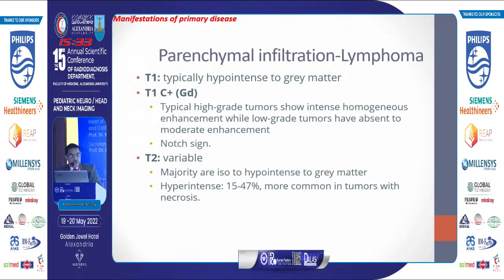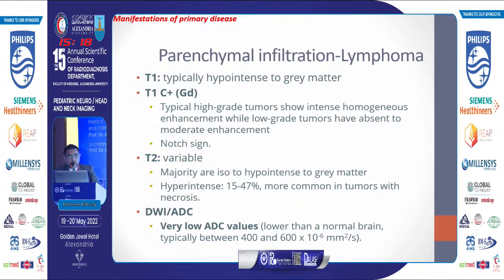Usually on T2 weighted image, the lymphomatous infiltration appears iso to hypointense, although some lesions showed hyperintensity, especially in necrosis or immunocompromised patient. The characteristic feature of lymphomatous infiltration is very low ADC, usually below 700.